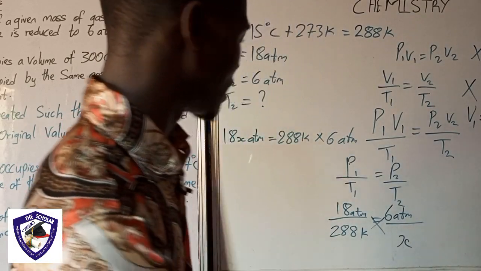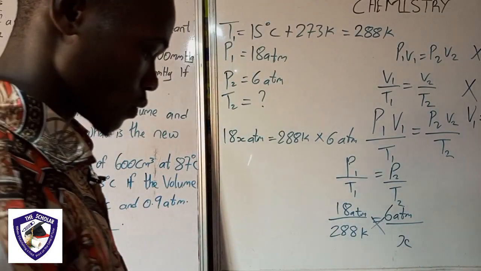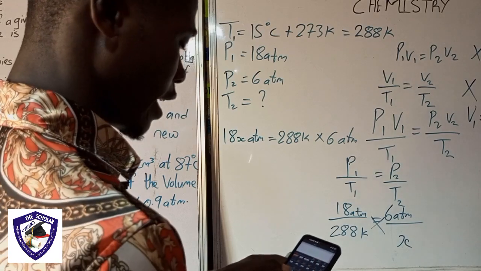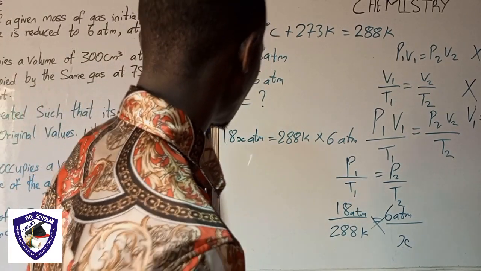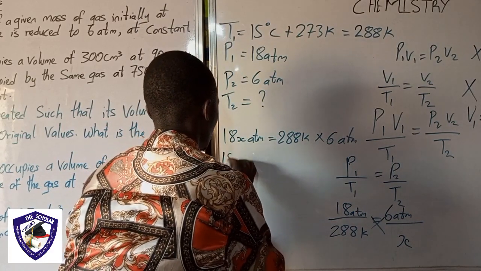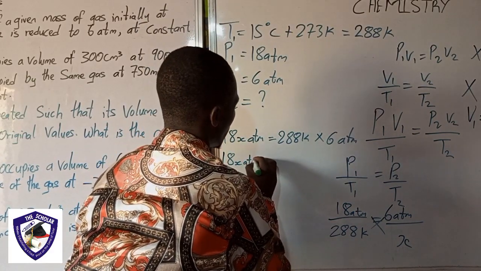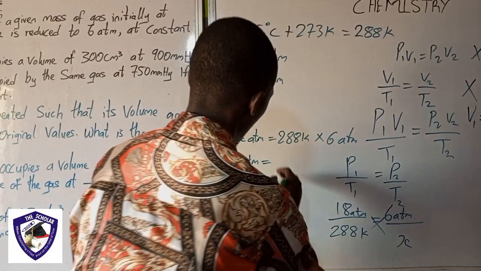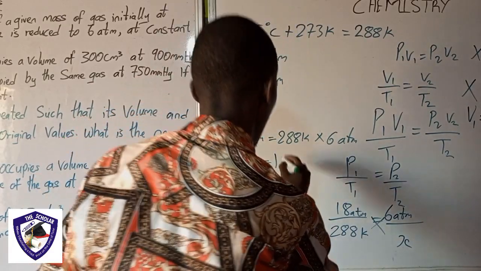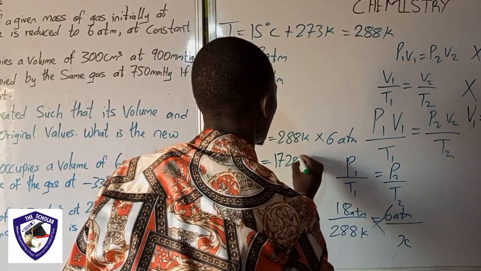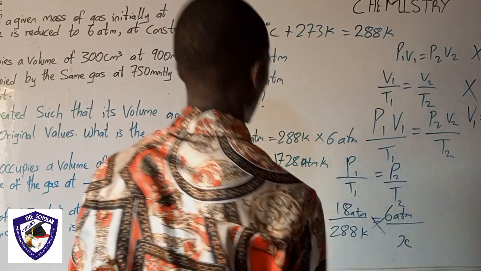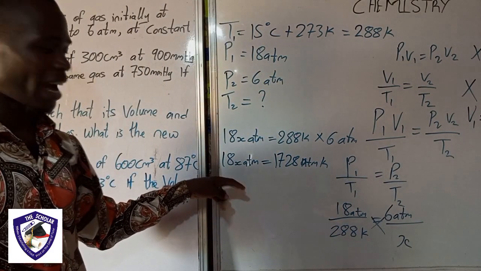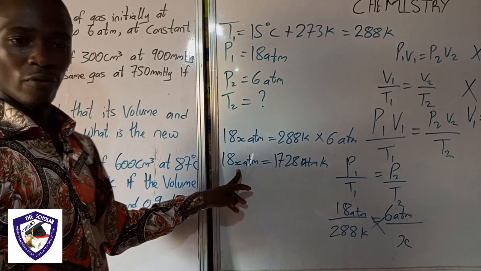Now from here, 288 multiplied by 6 is equal to 1728. We have 18x atm equal to 1728 atm Kelvin. Now we divide both sides by 18 atm since we are looking for x.